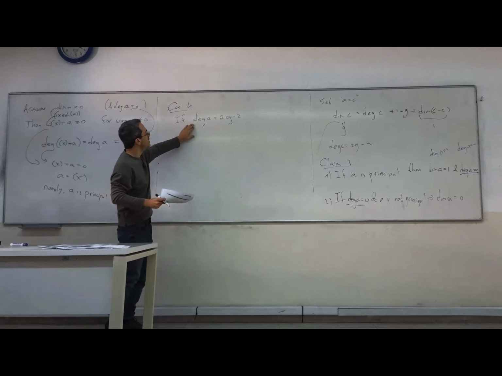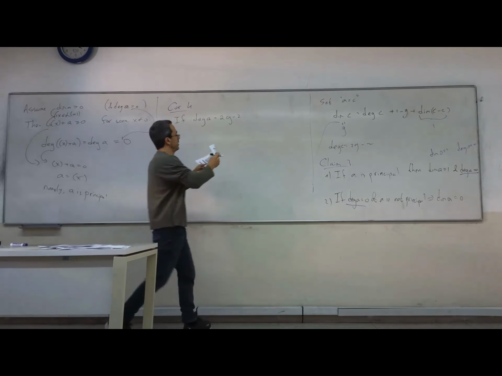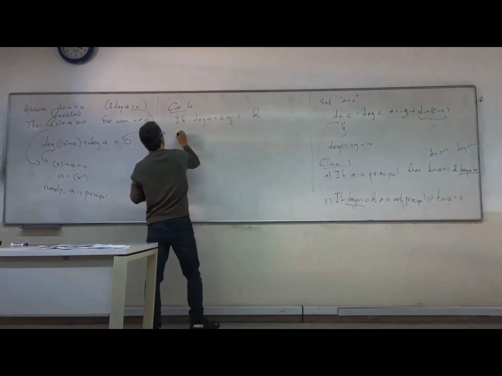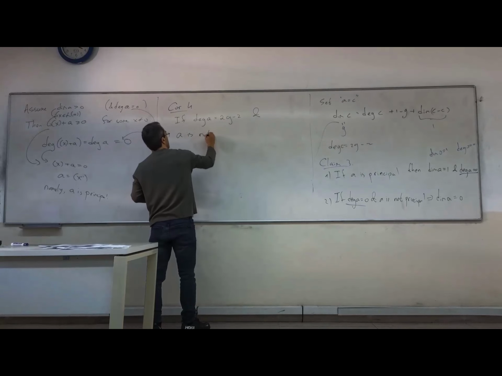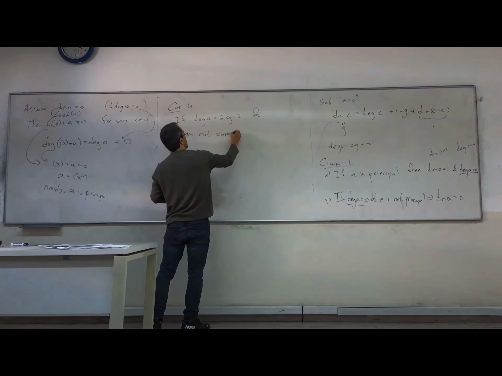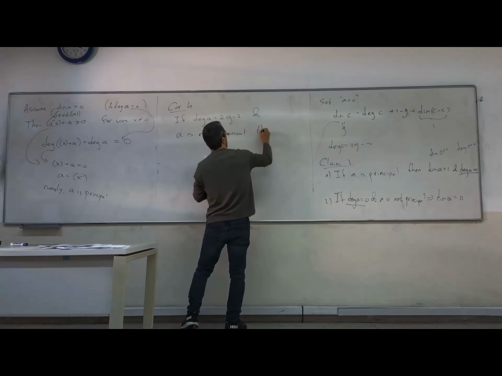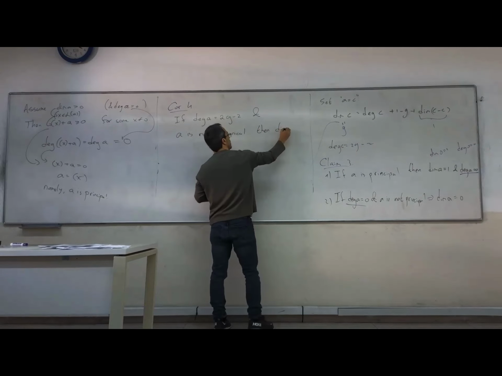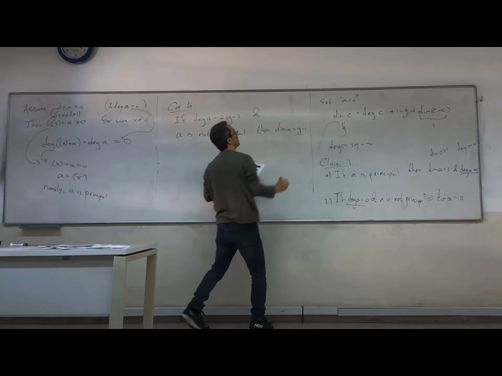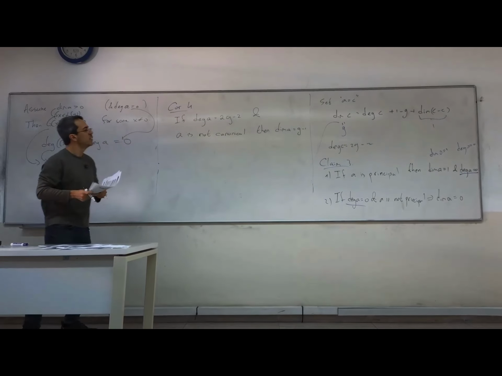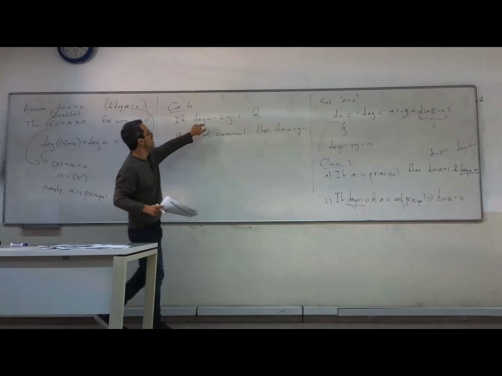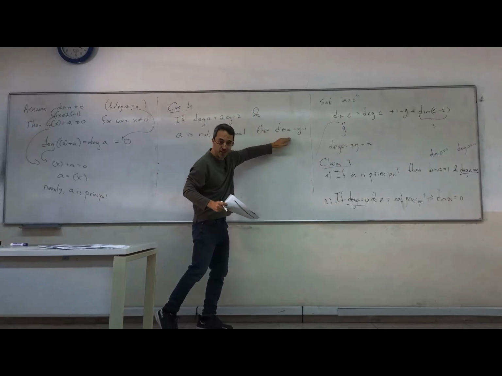So what I'm saying is, if this is your degree and you are not canonical, then the dimension is g minus 1.